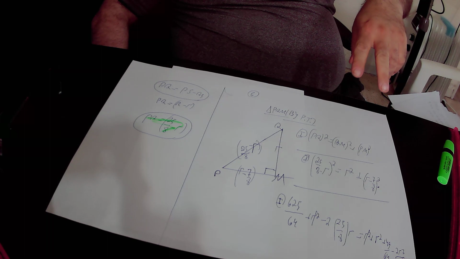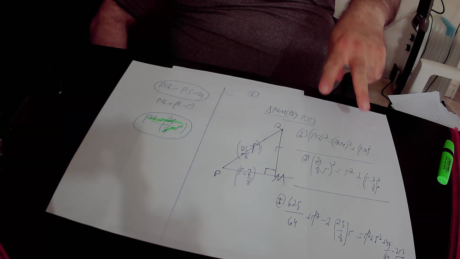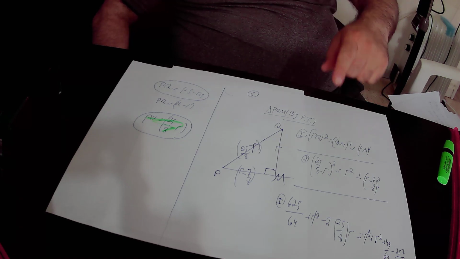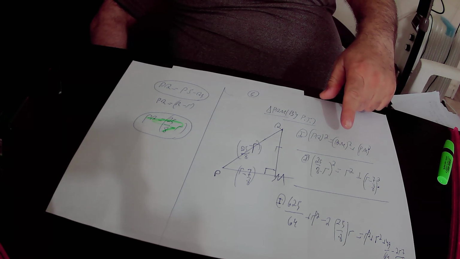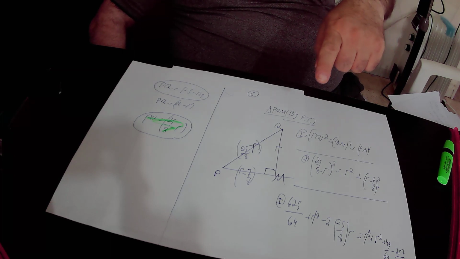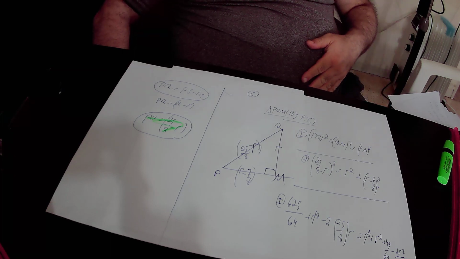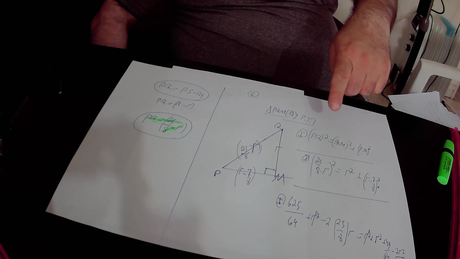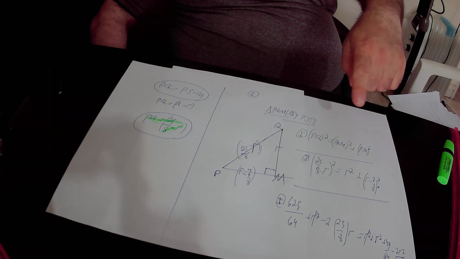So here we open the brackets on both sides of equation number 1, and we found out that (25 over 8 minus r) squared equals 25 over 8 squared, that is 25 squared, that is 625 over 8 squared, that is 64, plus r squared minus 2 times 25 over 8 times r.